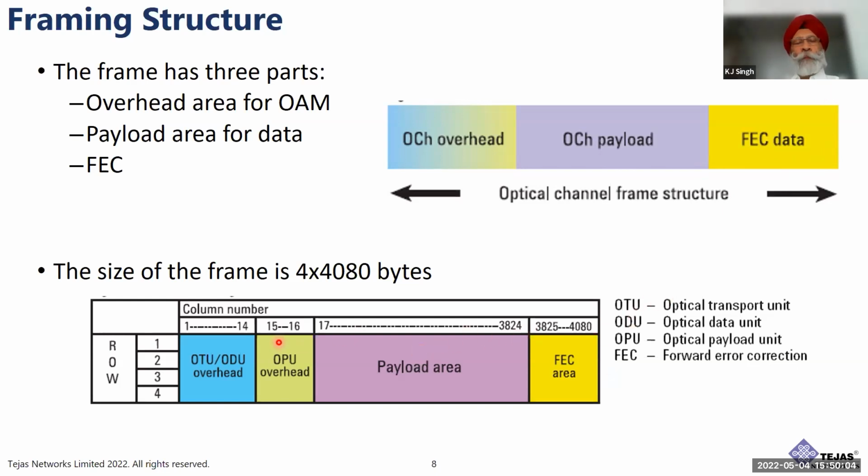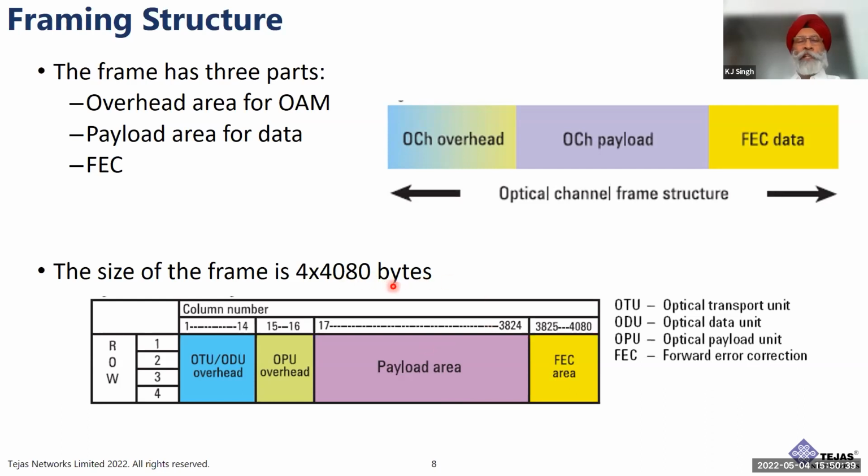Within that, there is an optical data unit, and there is an optical payload unit inside it, right? So the optical transmission unit includes the FEC area that is protecting the optical data unit, and the optical data unit has some overhead to make sure that we can track various aspects of the payload that is being carried. So that's essentially a broad overview.